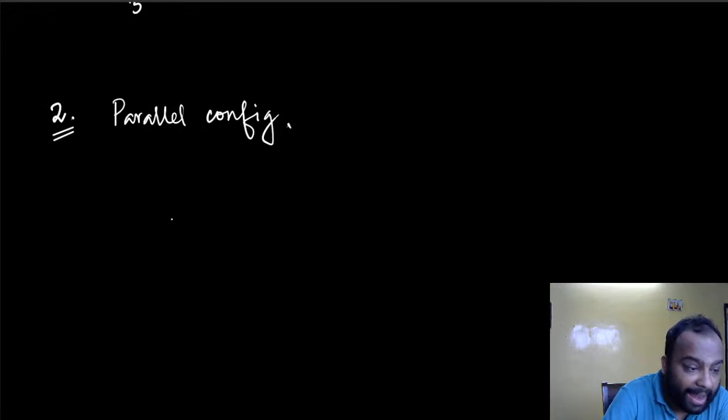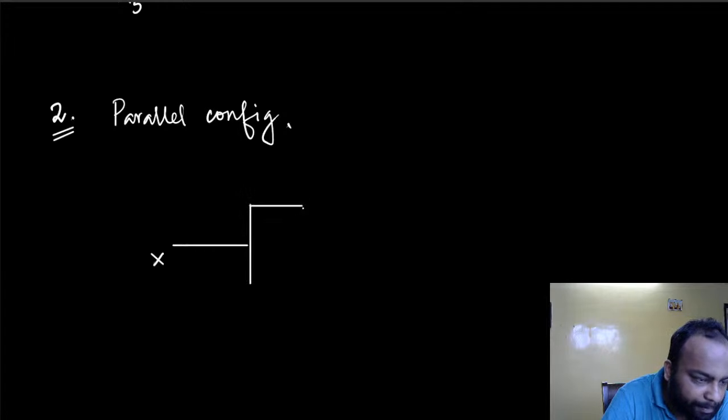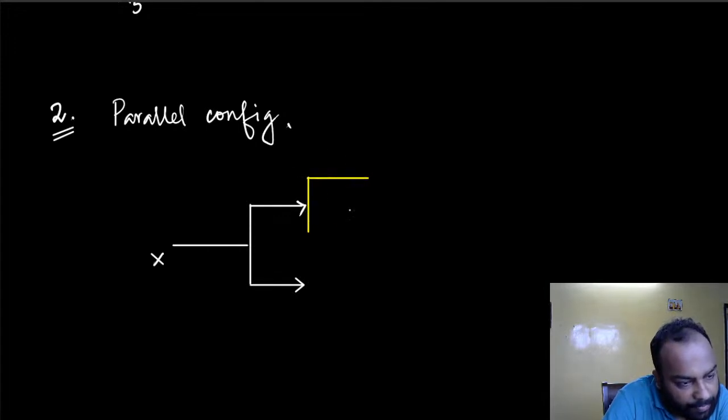So for example, in parallel configuration, what happens? You have one input signal that comes out of something, and that is branched like that, and two different systems are fed with that same input signal.